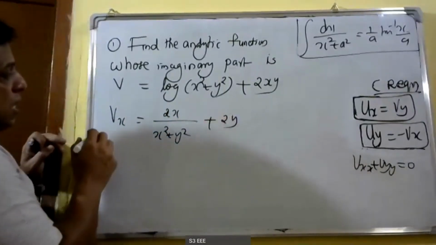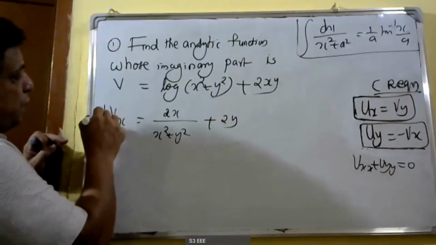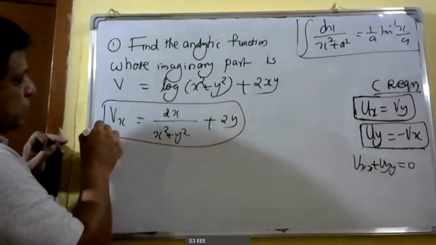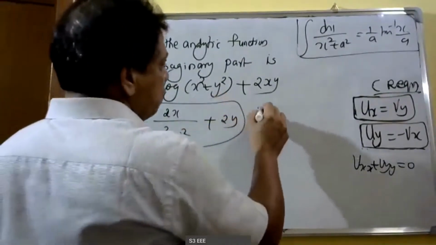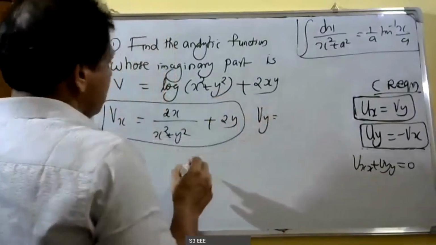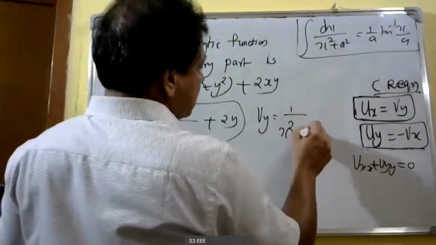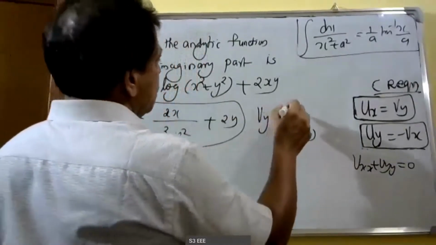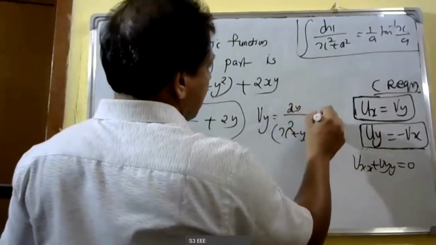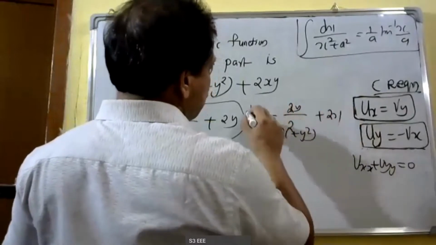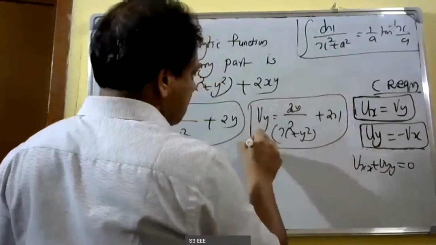This is the value of vx. Similarly, vy = 1/(x² + y²) × 2y + 2x. This is the value of vy.